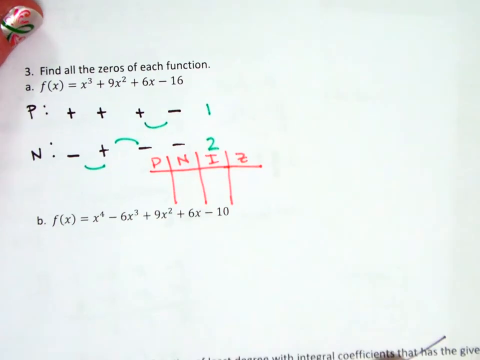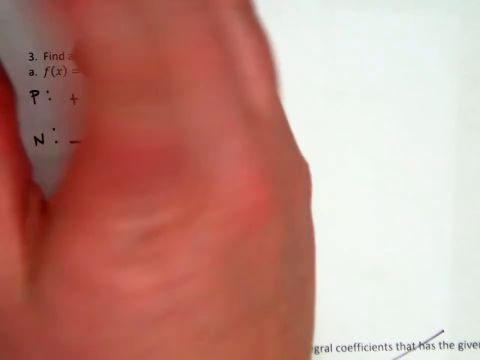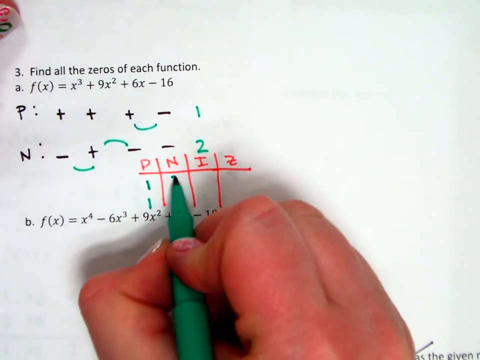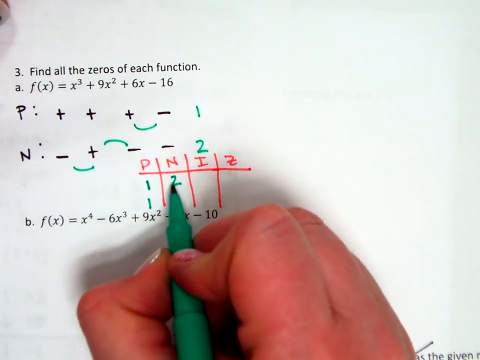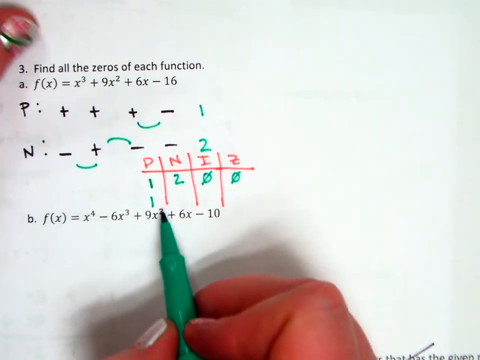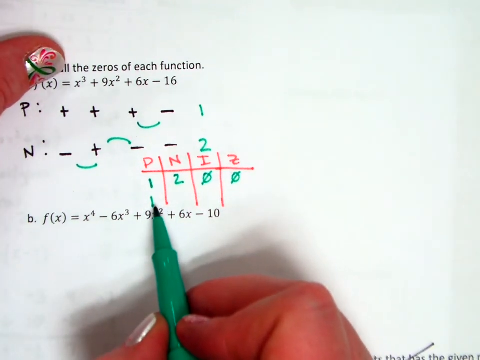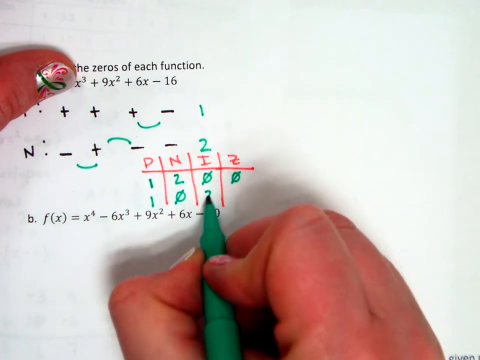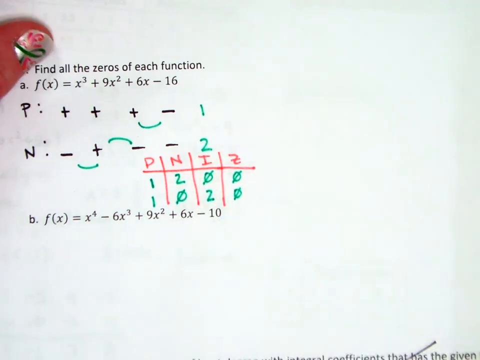Okay. Positive, I have 1. So no matter what, I'm going to have 1 in positive. Negative, I have 2, which means 1, 2, 3, no, no. And now here, I have 1 positive, subtract 2 from 2 is 0, put it in the imaginary, and no zeros again.